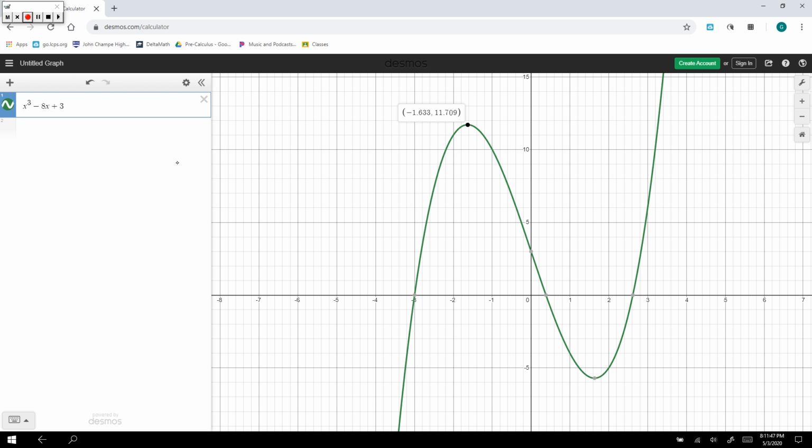Okay. So negative 1.63 and 11.7, we'll say. And then we have our relative minimum at this point right here. So 1.63, negative 5.7. So let's go and write that information in.